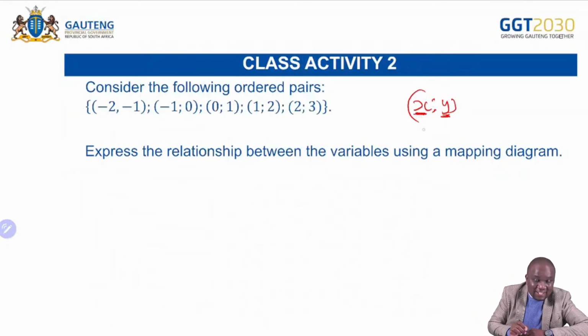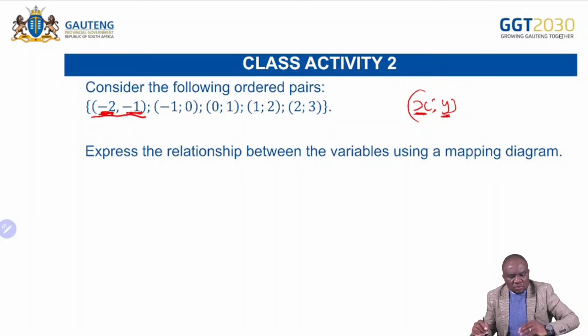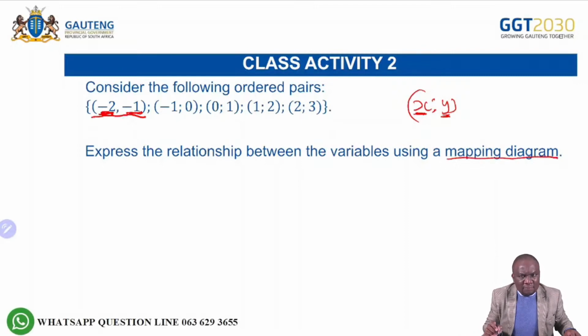In a function, negative 2 is the input value, and the output value is negative 1. So negative 2 will give you negative 1. I want you to use these 5 ordered pairs to draw a mapping diagram like I showed you in the previous example. Let's try to do this in 3 minutes.